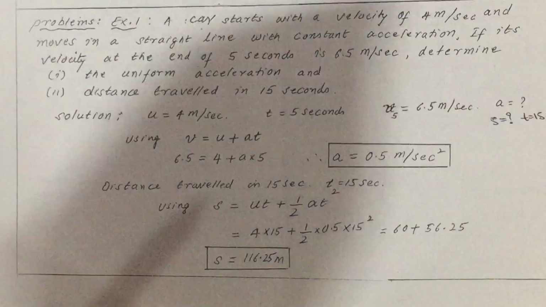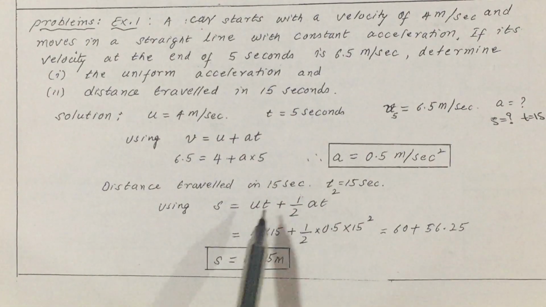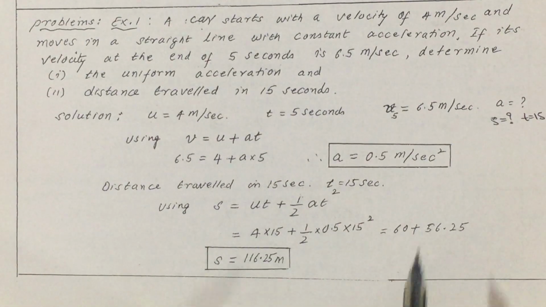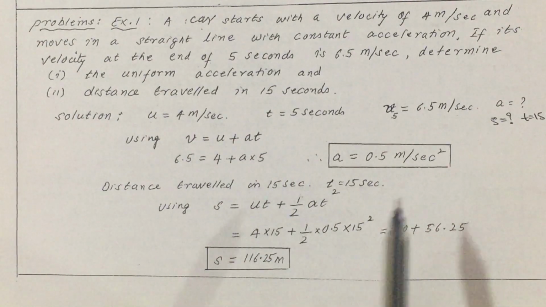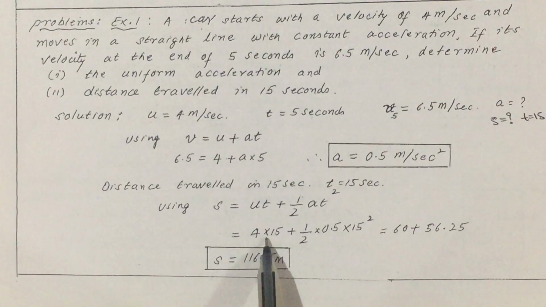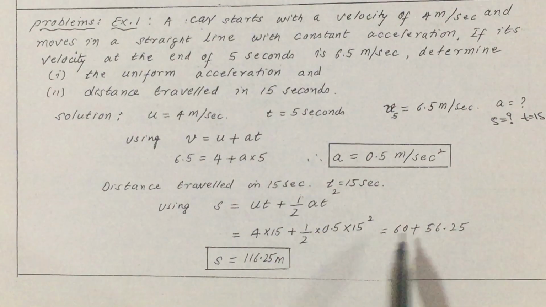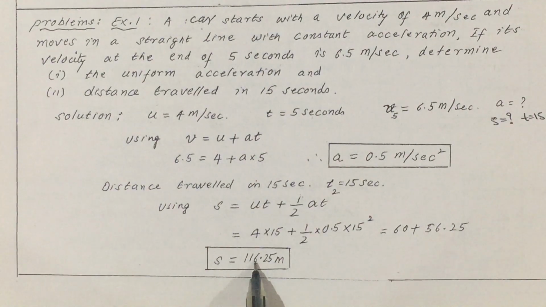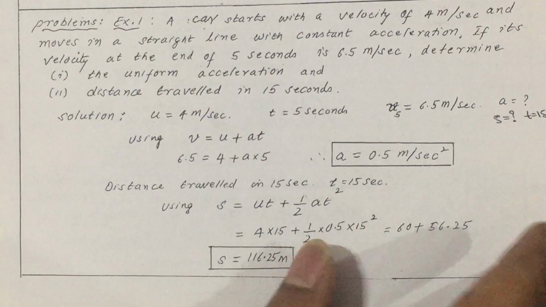So, we are going to make use of the second equation, s is equal to ut plus half at square. Here the time is 15 seconds, nothing but distance travelled in 15 seconds. Okay. Substitute all the values. Acceleration also we calculated and get the answer, that is 116.25 meter distance. This is regarding the first problem.